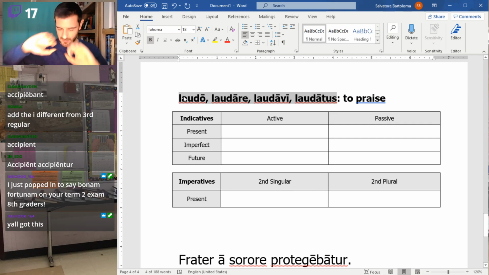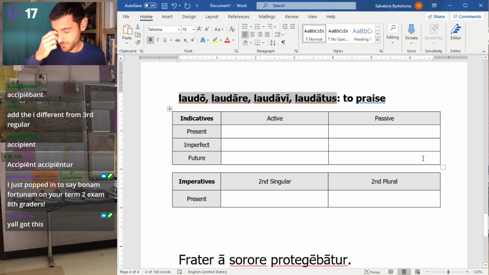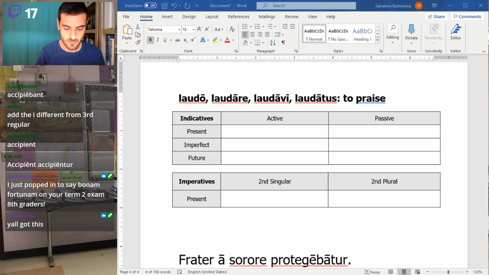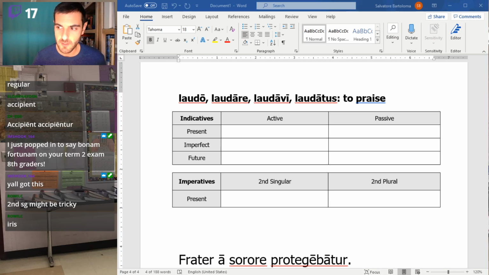And fourth conjugation is such a small conjugation. I always go to the same verbs. Try to come up with exciting ones, but let's go category fourth conjugation verbs. Second singular is tricky, so tricky that I don't think I'm going to give it to you on the test.